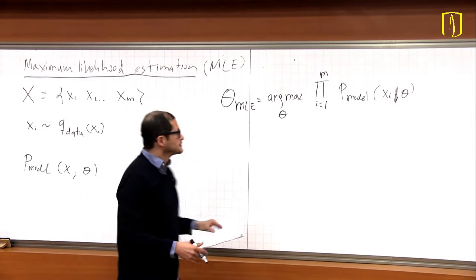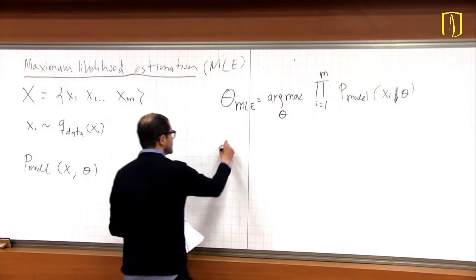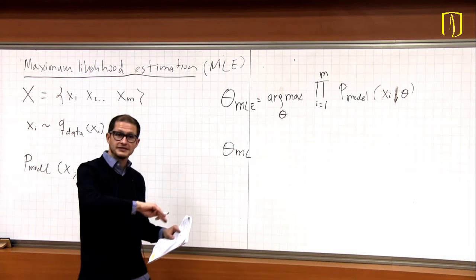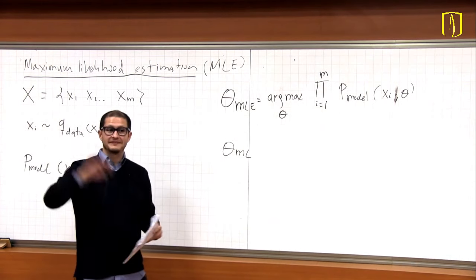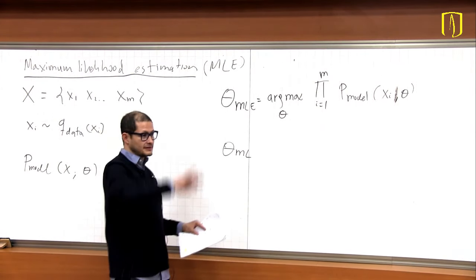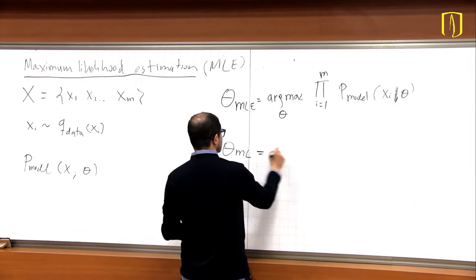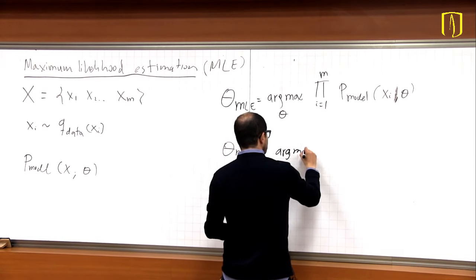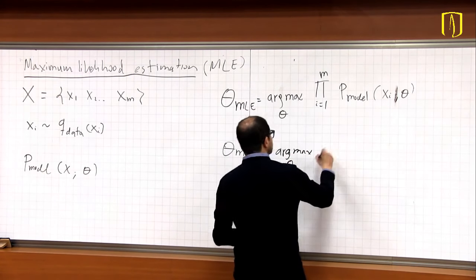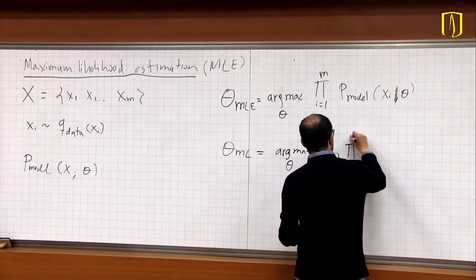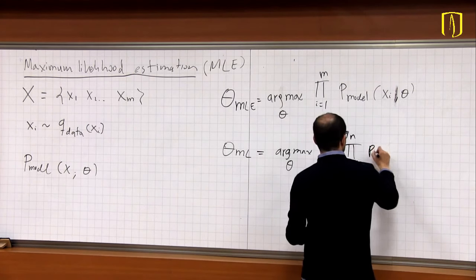Also, because the logarithm is a monotonic, growing function, we usually transform this into arg max of the log of this, of p.